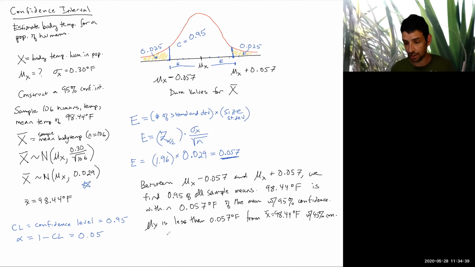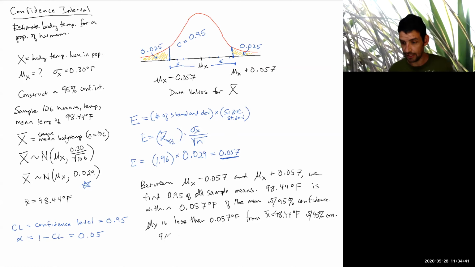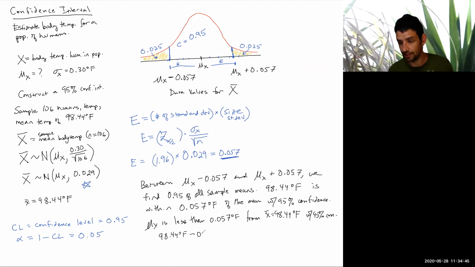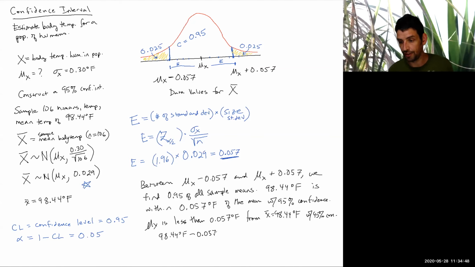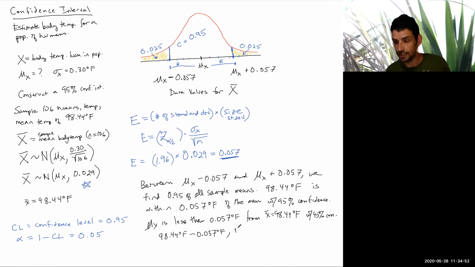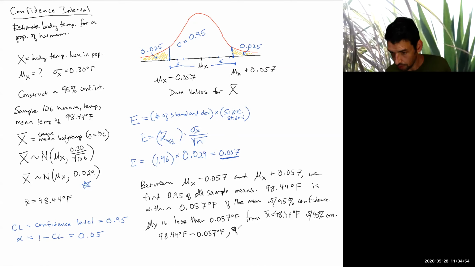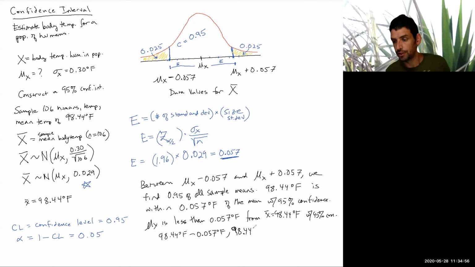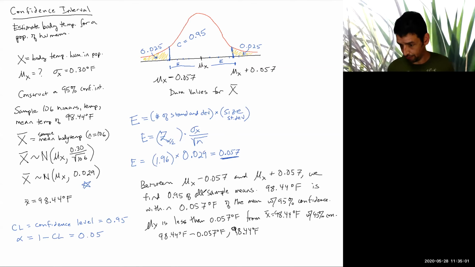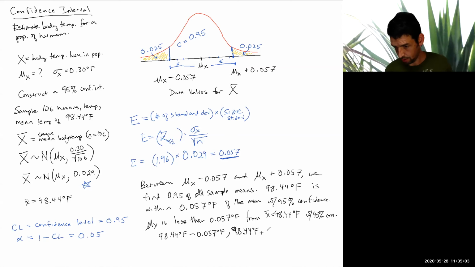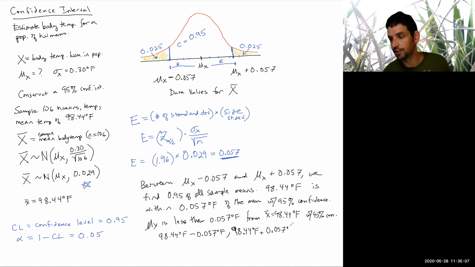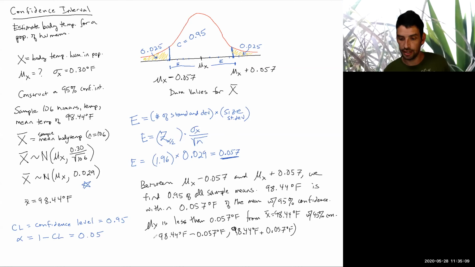Well, what does that mean to be that close to X bar? It means we have an interval. We can take 98.44 degrees Fahrenheit minus 0.057 degrees Fahrenheit, and we can take 98.44 degrees Fahrenheit above, plus 0.057 degrees Fahrenheit, and create an interval.